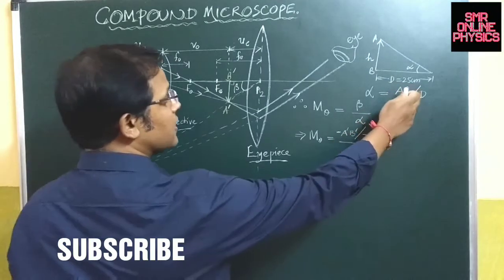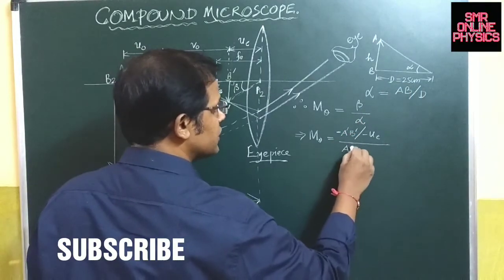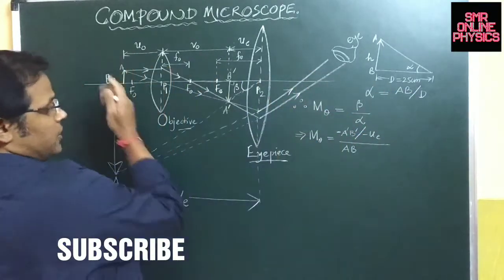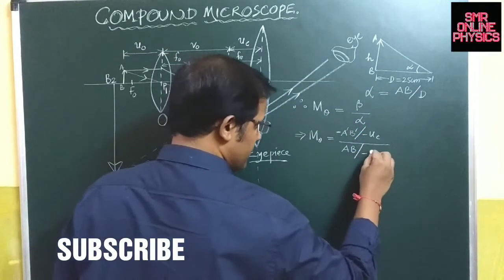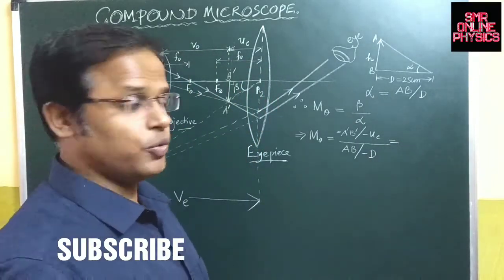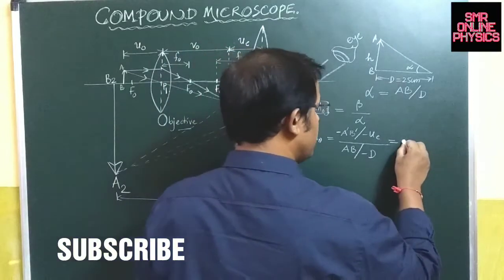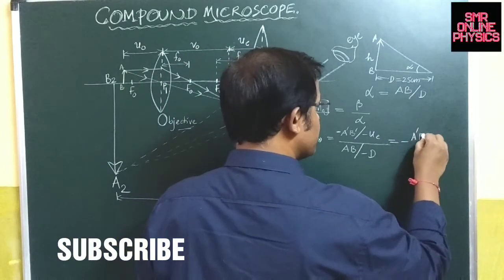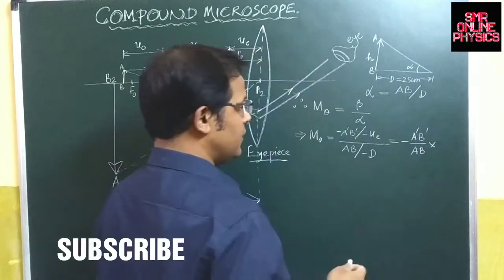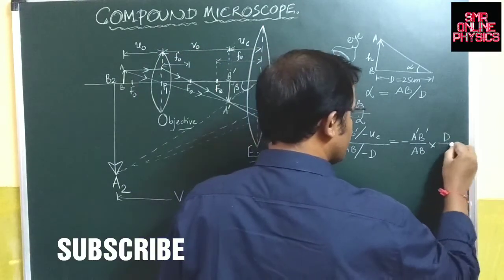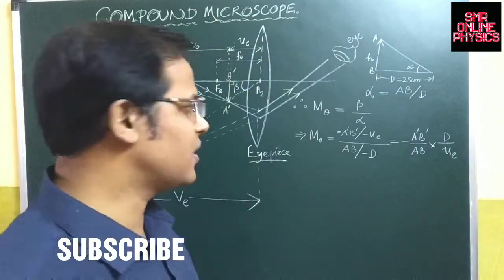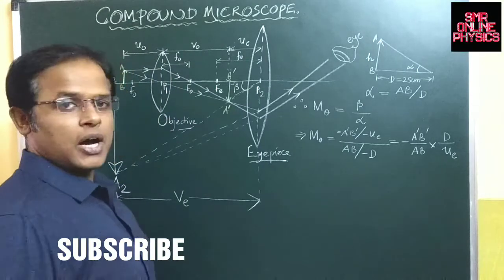What is alpha? Great. This is AB, positively up. This is AB. And this is D. Again, from the left side. So you get a minus D. So, 3 minuses. So, 2 will be out. And you will be left with minus A dash B dash by AB multiplied with D on the top and UE at the bottom. Simple, clear, come on.